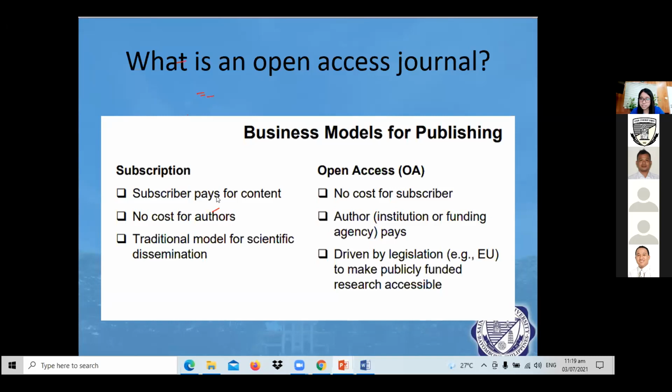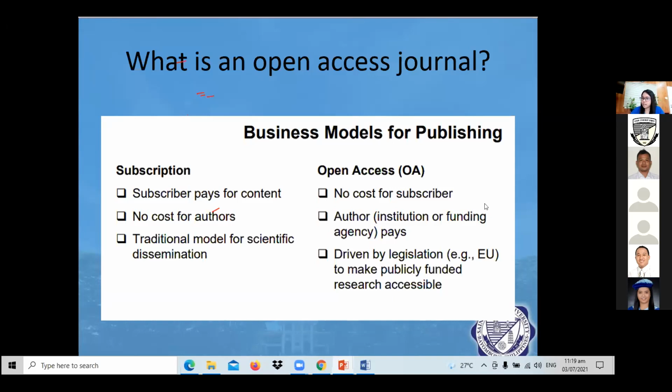So the possible researcher who wants to cite your paper needs to pay to access it. There's no cost for authors. It is the traditional model for scientific dissemination. As an author, you can freely access your paper, but others cannot. They have to pay a certain amount to subscribe and access the content of your paper.